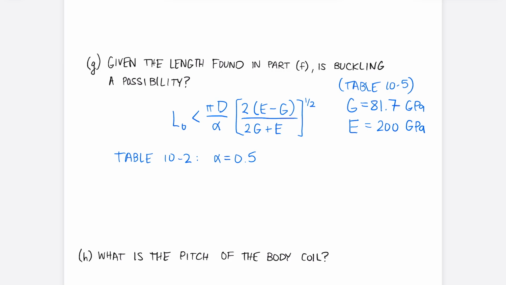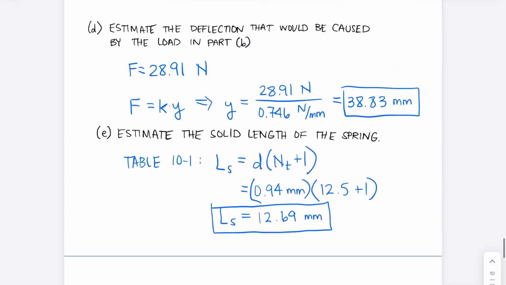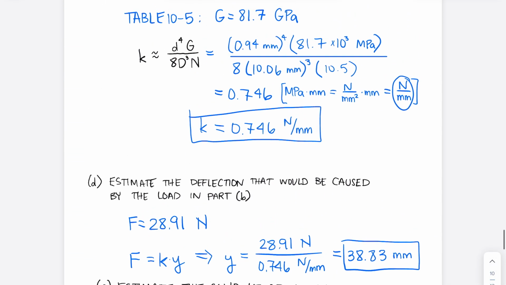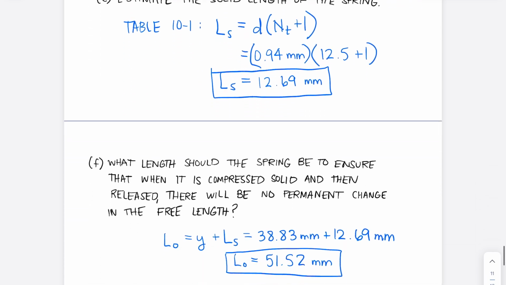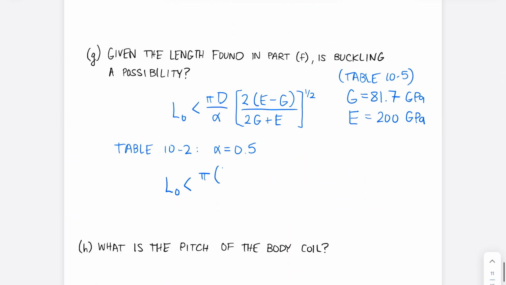Okay, so now let's plug it all in. Our free length needs to be less than pi times our mean coil diameter, which was, where is it, 10.06 millimeters, divided by 0.5.